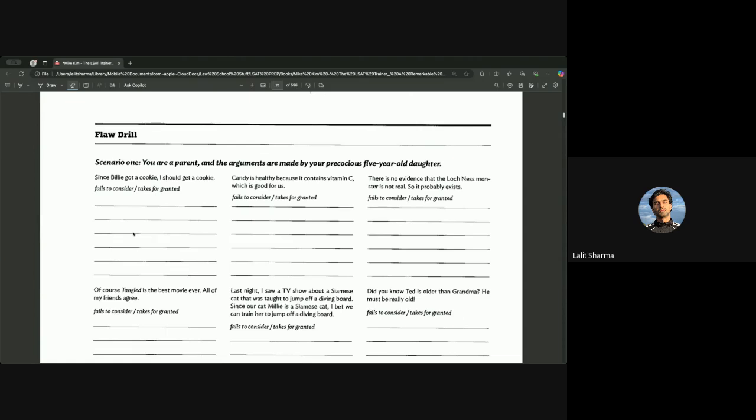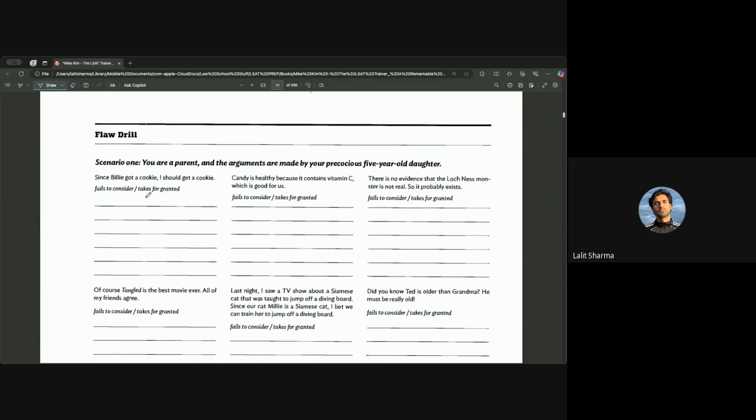Because for flaw questions, you're just pointing out what's wrong. Whereas with weakening, it's presenting a new fact that weakens the argument. With fails to consider, takes for granted, flaw questions, there's no new fact that you're introducing. You're just talking about what they did wrong.